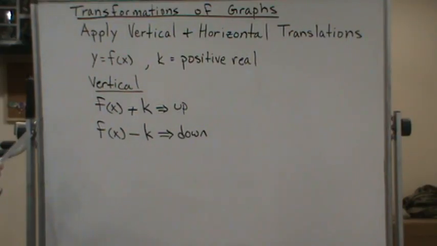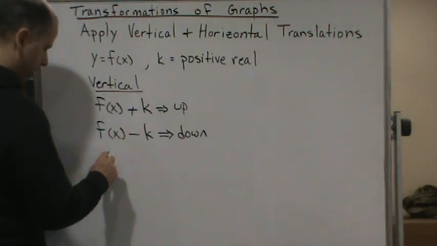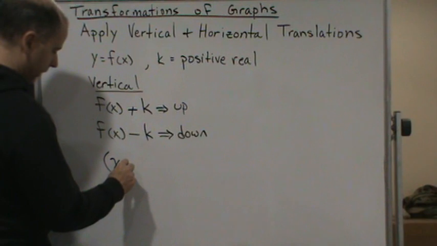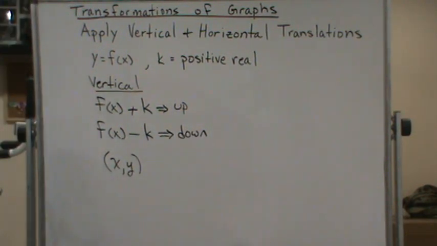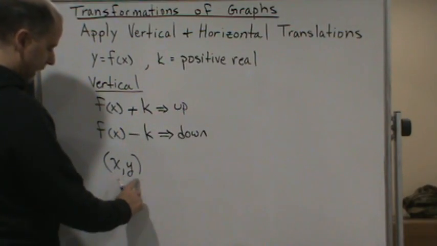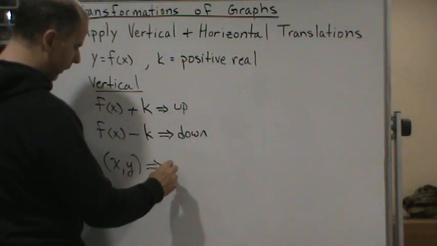We can also look at this with a point. Let's say we have an xy point on the graph. What we're doing to all of the xy coordinates in the function is moving them all.